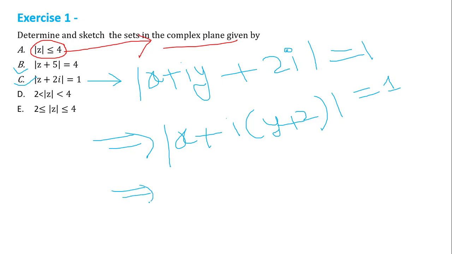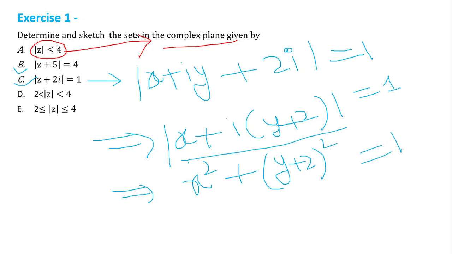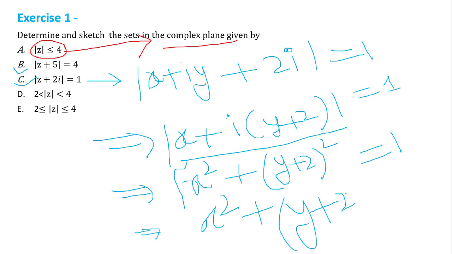This implies x square plus y plus 2 whole square equal to 1, because the modulus is the square root of the real part square plus the imaginary part square.